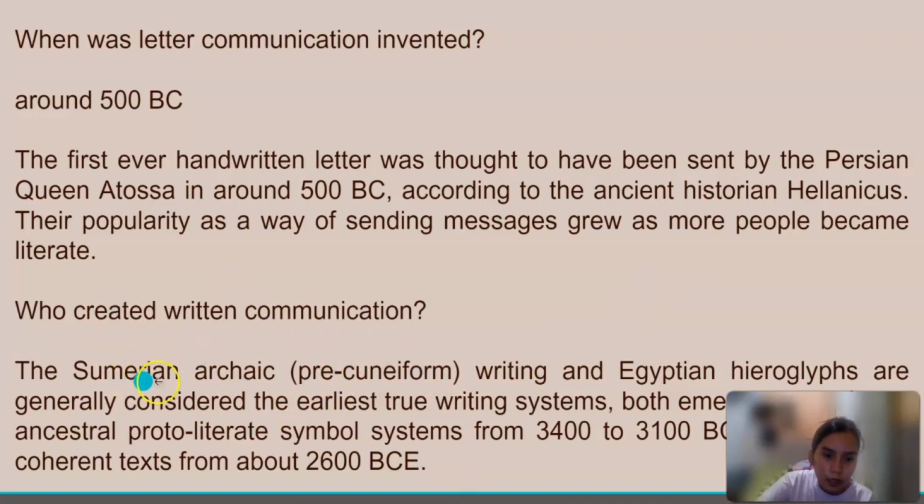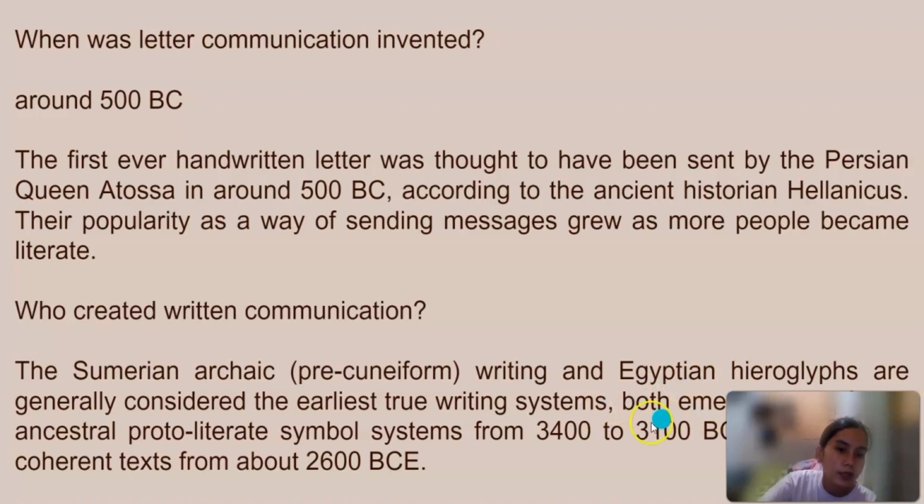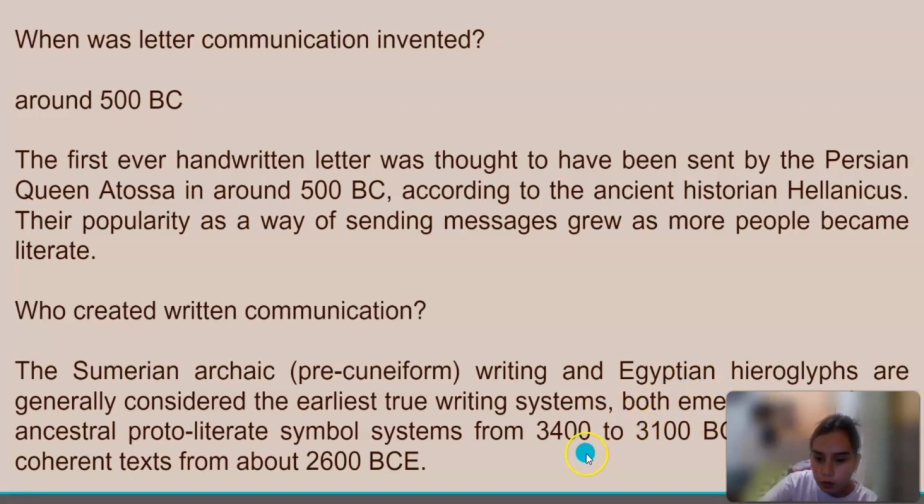The Sumerian archaic or pre-cuneiform writing and Egyptian hieroglyphs are generally considered the earliest true writing systems, both emerging out of their ancestral proto-literate symbol systems from 3400 to 3100 BCE, with earliest coherent texts from about 2600 BCE.